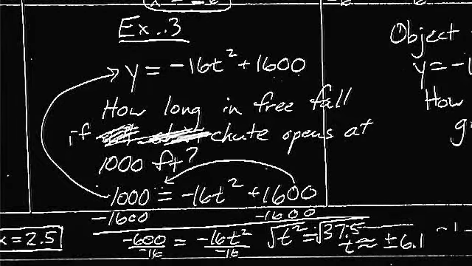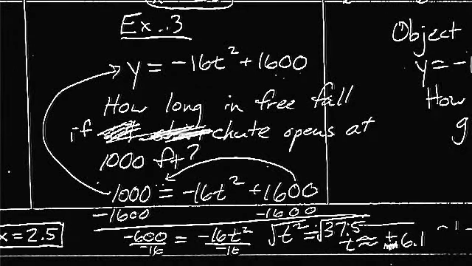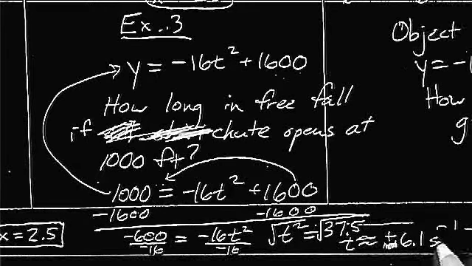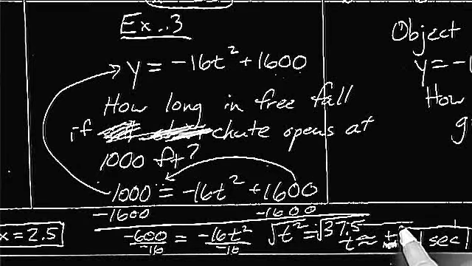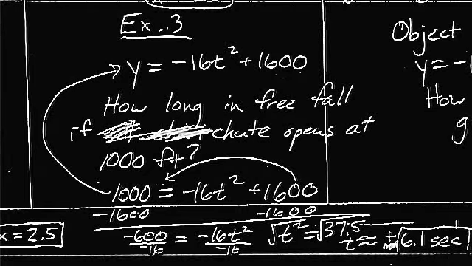Why in the world does the negative not make any sense for the application we're talking about? Because negative 6.1 seconds would be before you jumped out of the plane. So it doesn't make any sense in this situation. So the only answer is 6.1 seconds. Okay? It's not negative.